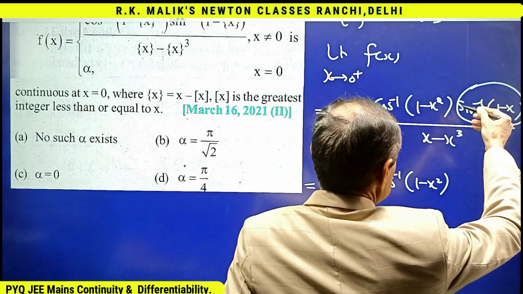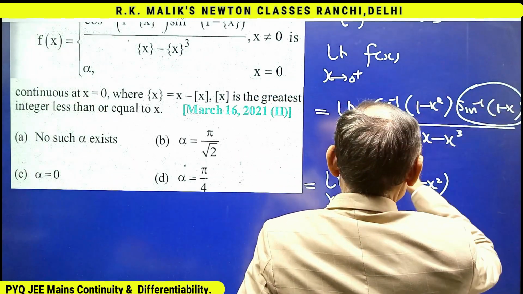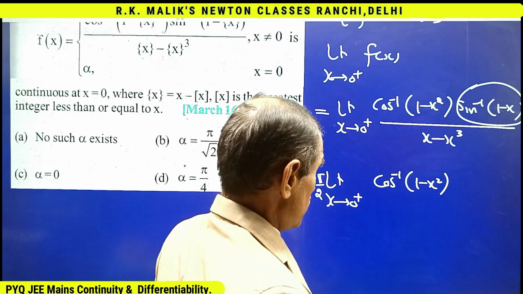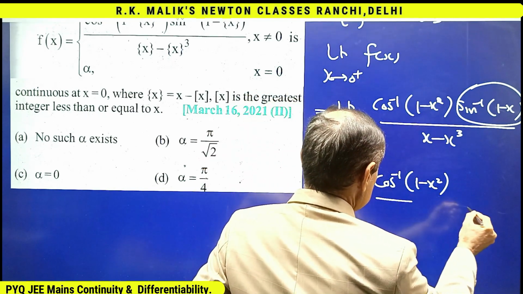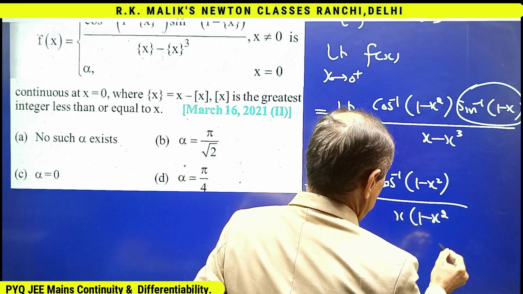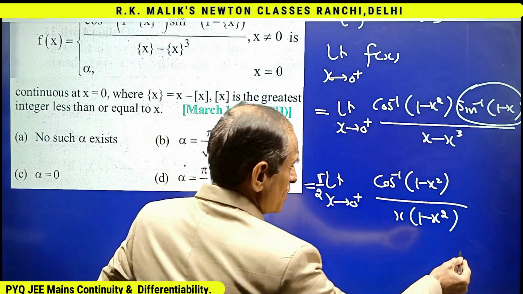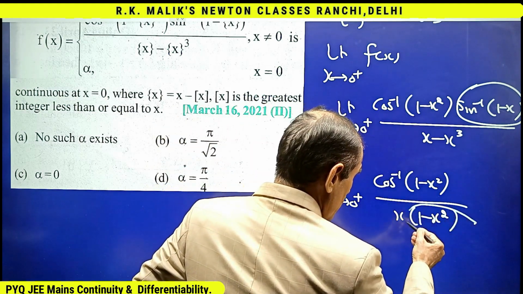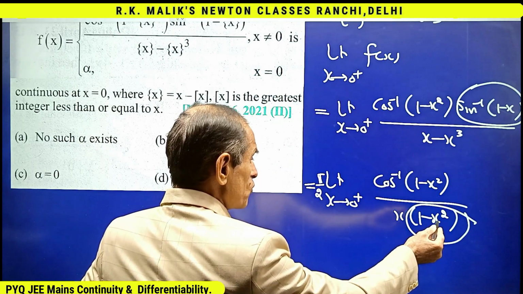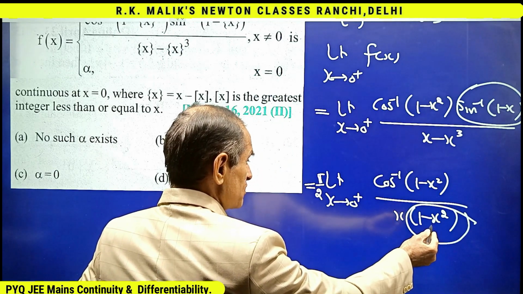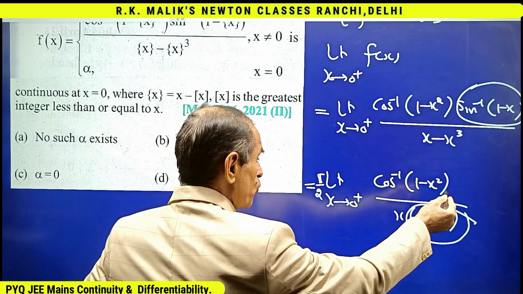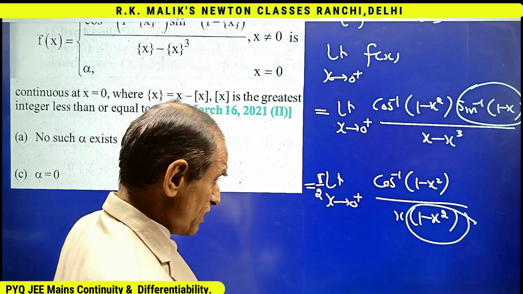Hence, because this is pi by 2, we'll be writing pi by 2 here, and upon comes x into 1 minus x square, and limit of this part is also clearly 1, that is it is also non-zero finite, and this is also in multiplication or division with the remaining whole part on which limit is operating.